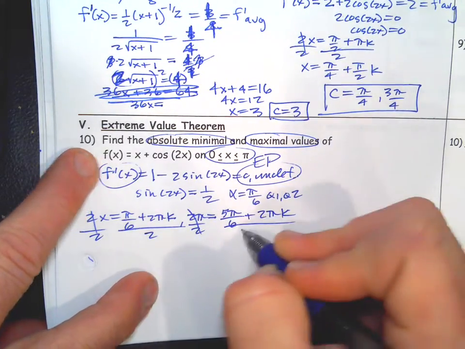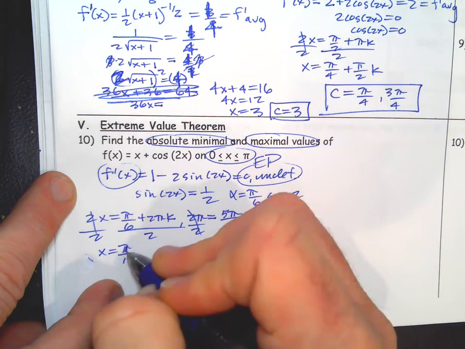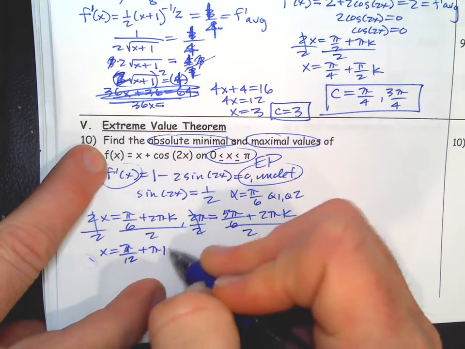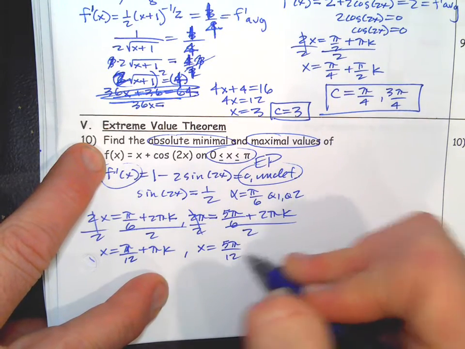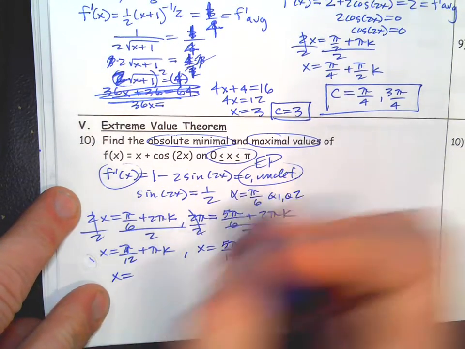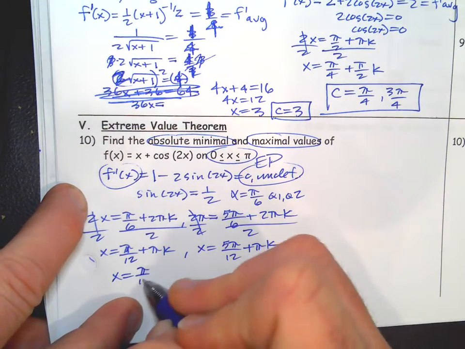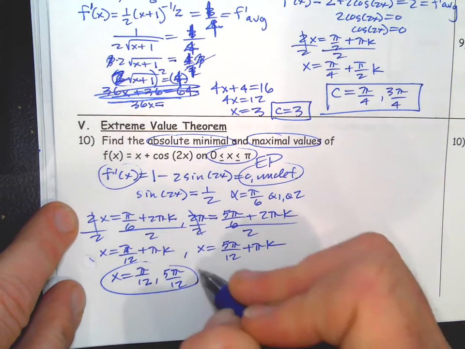Divide by 2. Get pi over 12 plus pi k, and 5 pi over 12 plus pi k. We only want the values between 0 and pi, so that's pi over 12 and 5 pi over 12. These are our critical points.